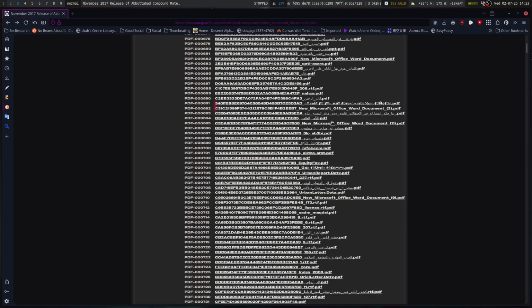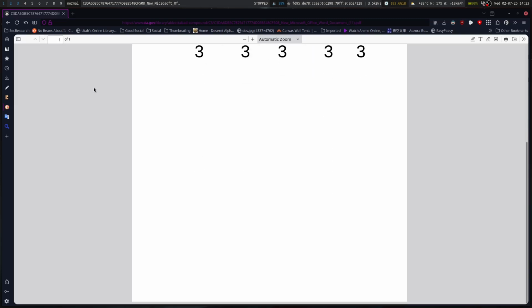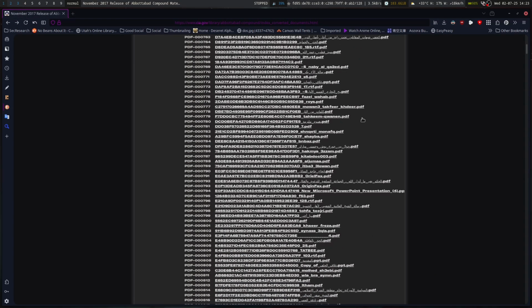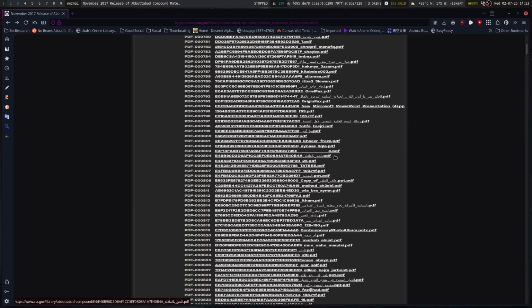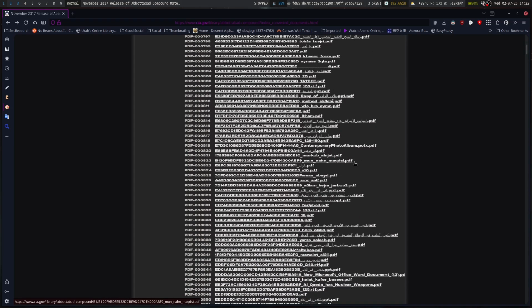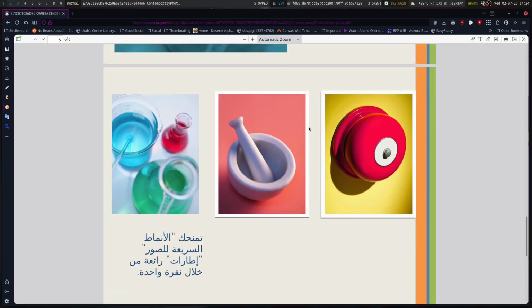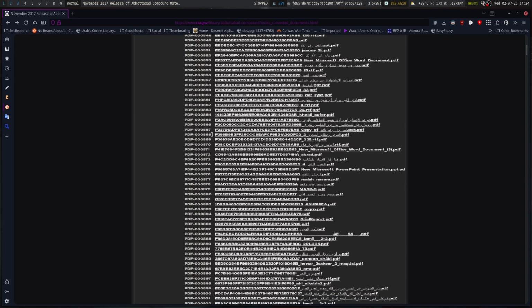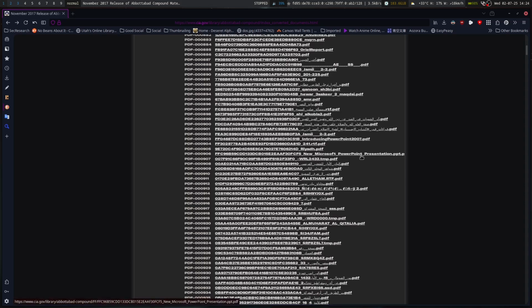Just an empty document. Okay. Contemporary photo album. Ah, yes. The most contemporary of photo albums.